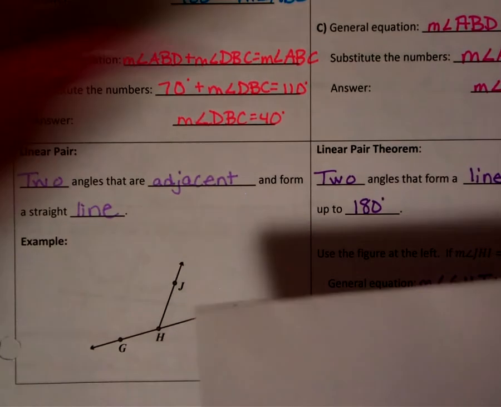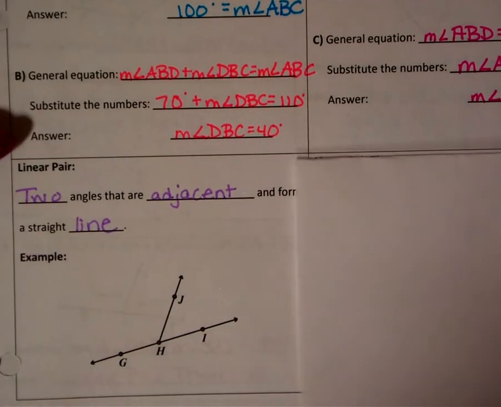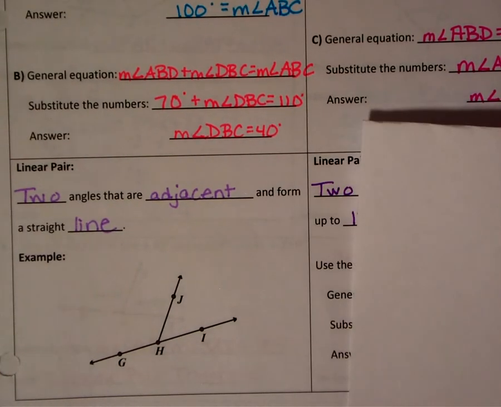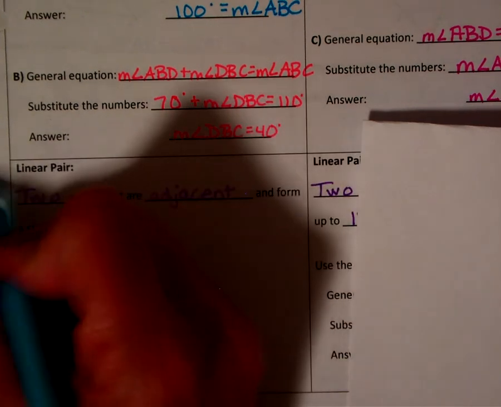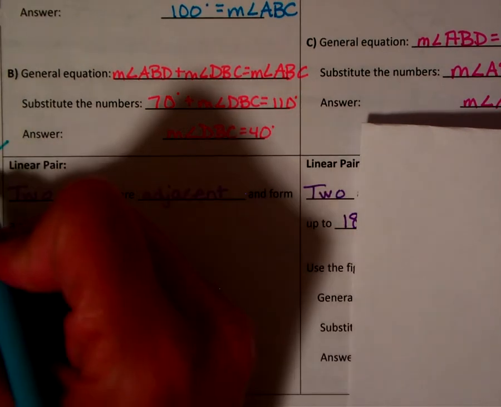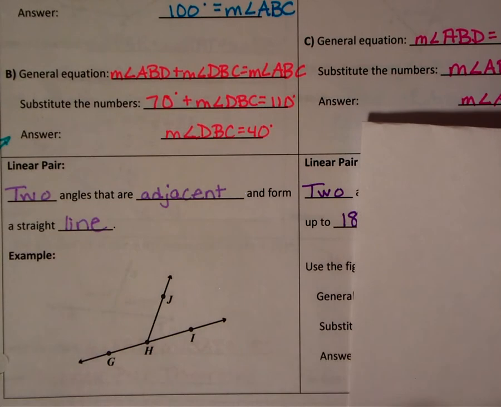For the next 2, we didn't have examples up above for you. So linear pair, what's linear mean? Remember, linear just means it's a line. Linear is a line. 2 angles that are adjacent and form a straight line are called linear pairs.